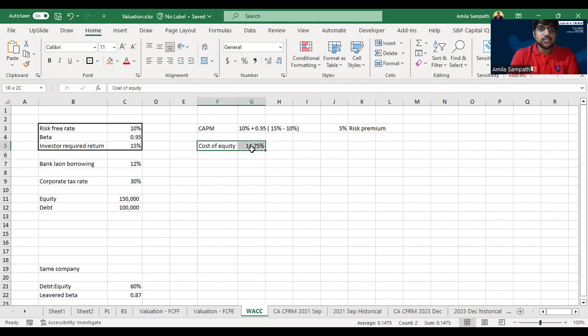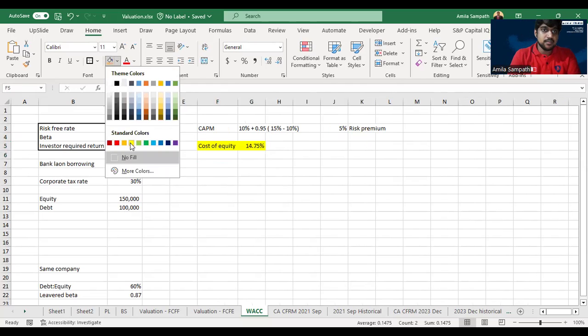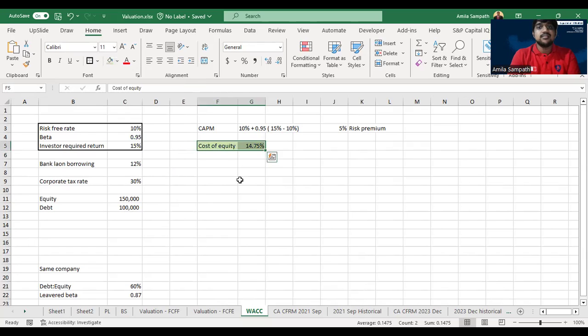That means the cost of equity of our company we can consider as 14.75%. From the equity shareholders' perspective, their required rate is 14.75%. From the company perspective, our cost of equity is 14.75%.